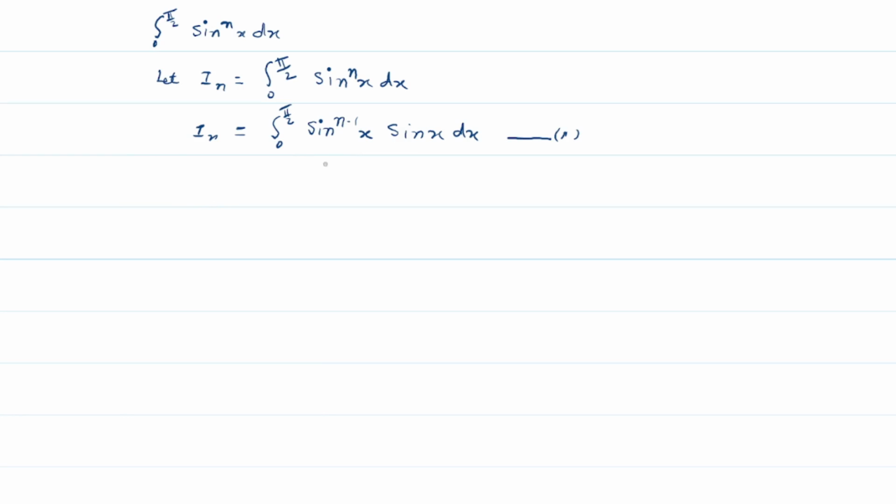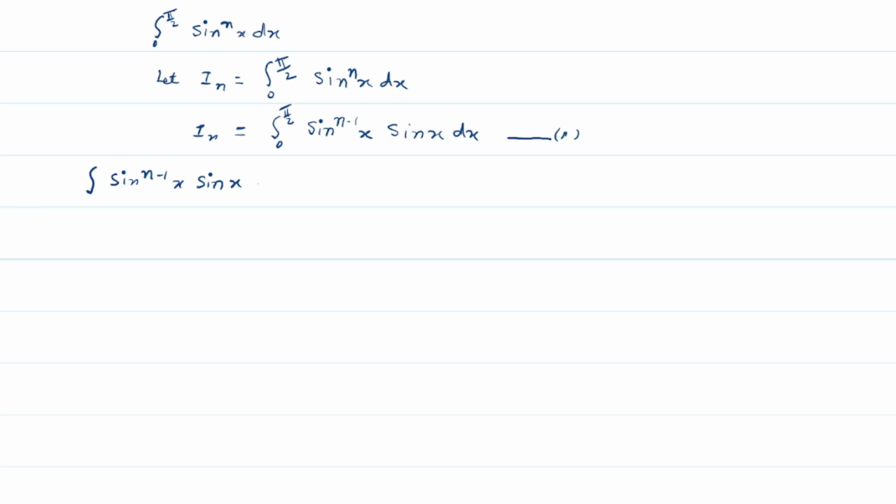Now we will find the integral of this separately, the integral of sine raised to n minus 1 x times sine x dx. This is a product of two functions, so we will apply the integration by parts rule.